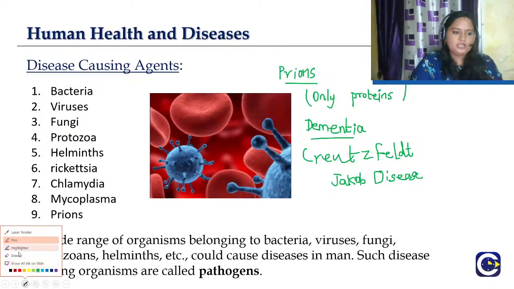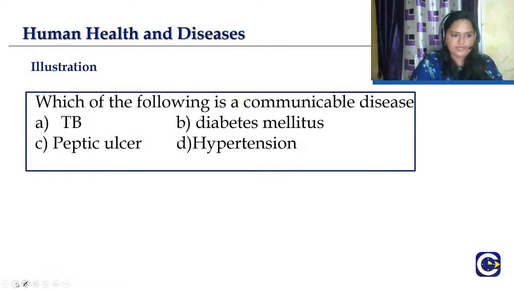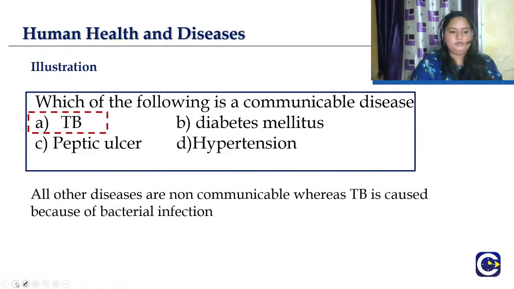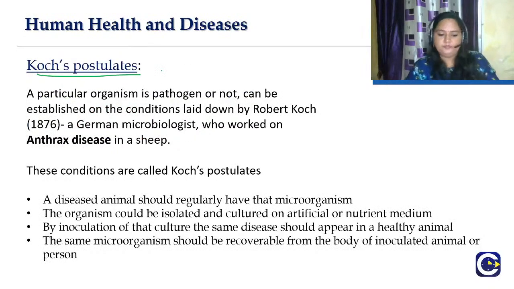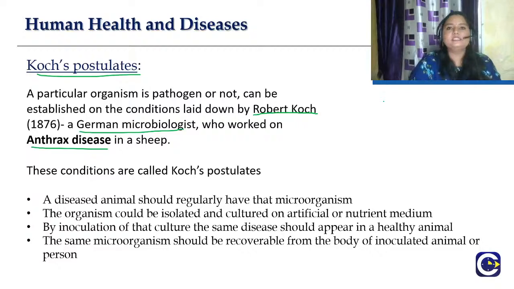Okay, so now the last topic for the day, and we'll come back to these questions at last, is Koch's postulates. Koch's postulates come from a scientist called Robert Koch. He was a German microbiologist, and he was working on anthrax disease in sheep.